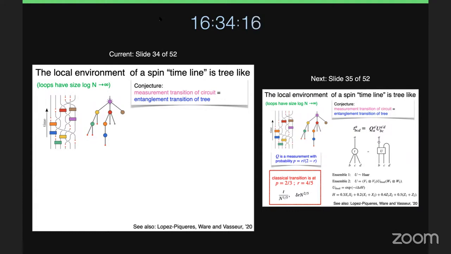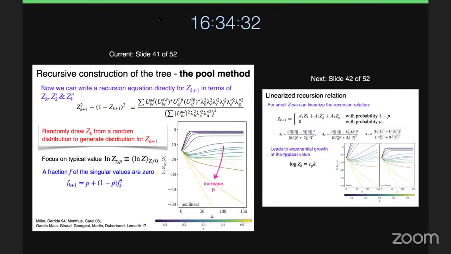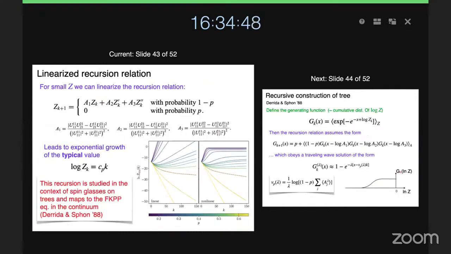And then you could imagine that in the thermodynamic limit, the transition on a tree is equivalent to the transition in the orthogonal circuit. And that's the idea. And then, this is too detailed, but the point is that we can use this kind of recursion relation to basically connect one generation of the tree to another, and you can follow the dynamics.